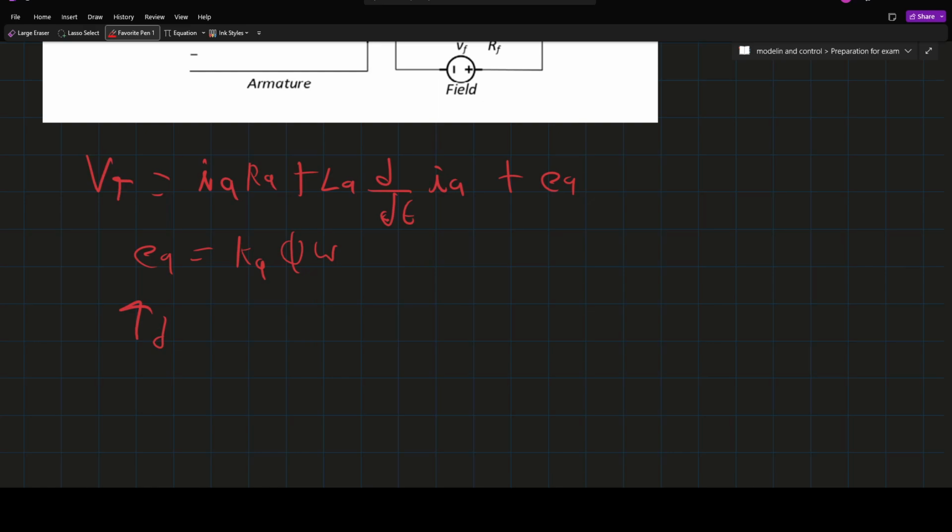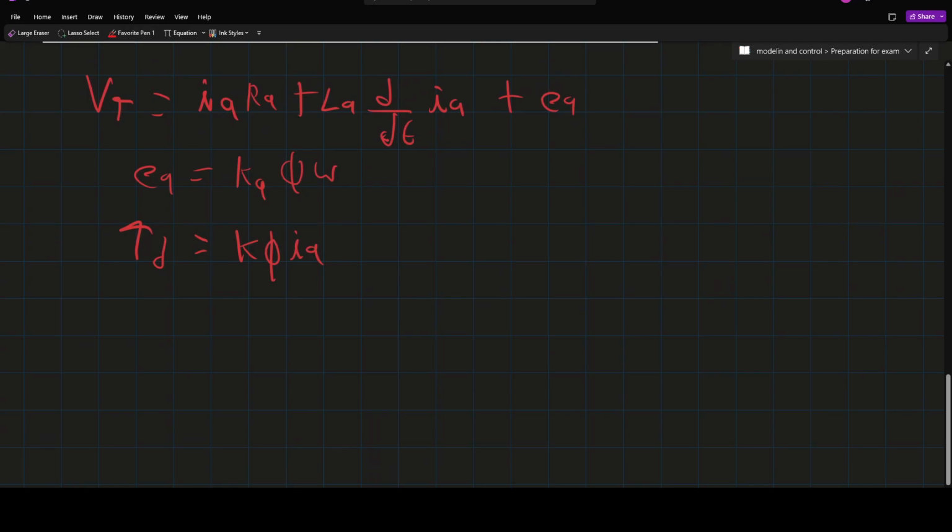And the developed torque. Now, torque is a tricky concept. It could mean many things depending on the context. I mean, torque is the force times the radius. But there are different kinds of torques that we have talked about.